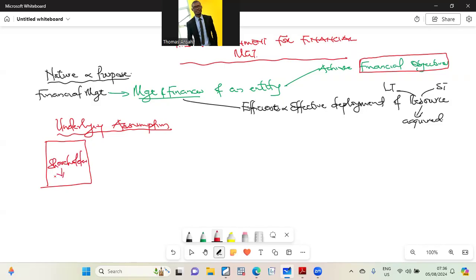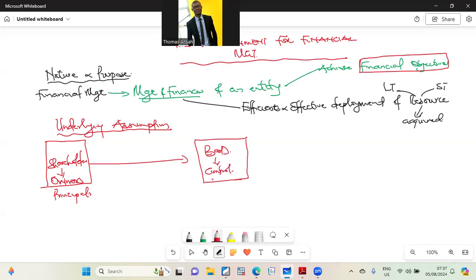And we know shareholders are owners of an entity. They are also called the principals. These shareholders are the people who use their resources to establish an entity, and the entity is run by the board of directors. We call them the people who have control, and they are also the agents.